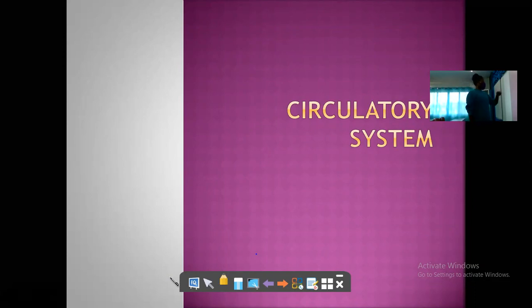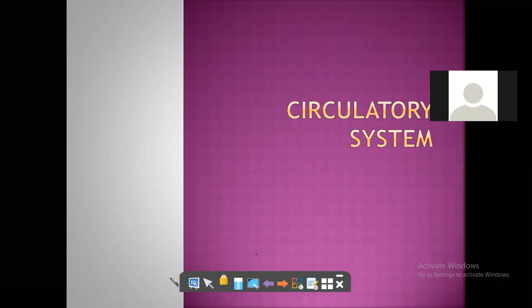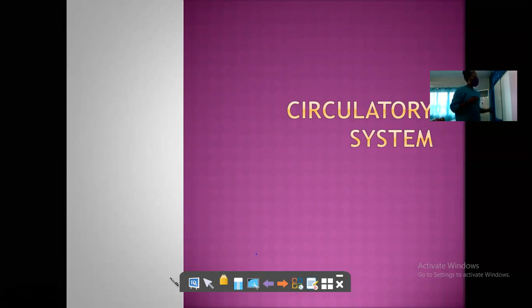Okay, so for circulatory system, we know what circulatory system is. Sometimes we hear people saying transport system, or another fancy way of saying it, cardiovascular system.